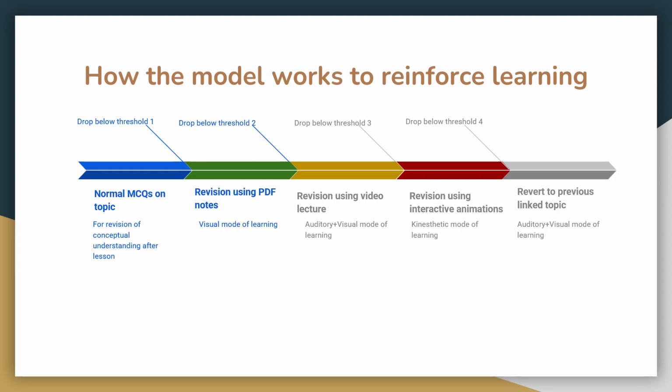What happens is, if it drops below a certain threshold, it displays revision notes, which are maybe like lesson notes that the teacher uploads, which are a visual mode of learning. Afterwards, if the learning further drops below a second threshold, it then reverts to revision using the video lecture before proceeding to the next questions.